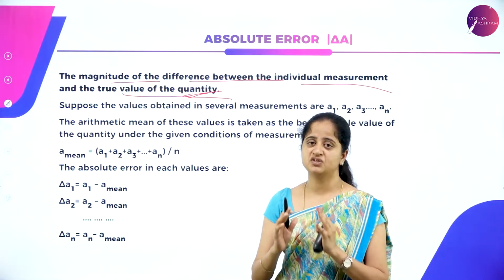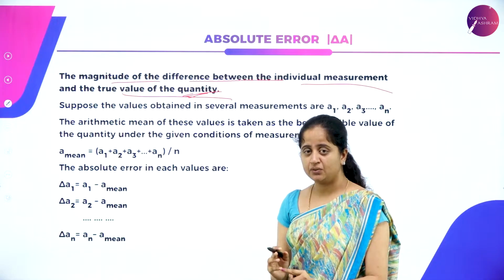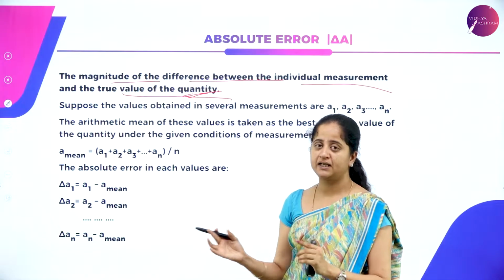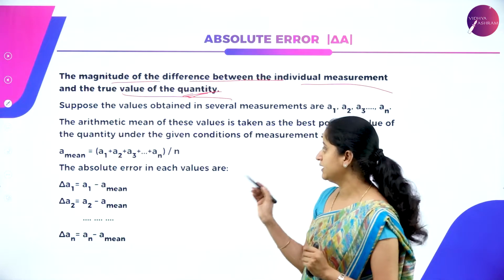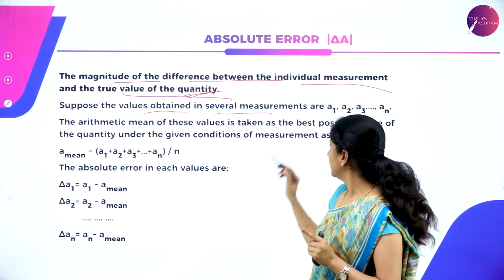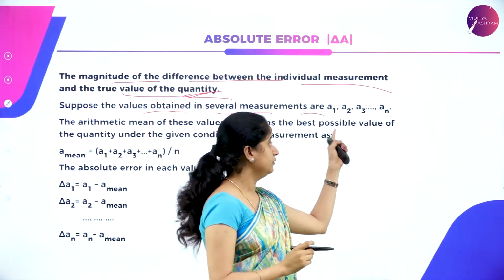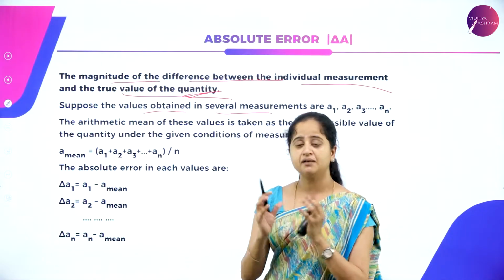Only when we have the true value of the quantity can we take the difference between each individual quantity and that true value, which will give the absolute error. Let us understand this by taking one example. Suppose the values obtained in several measurements are A1, A2, A3 and so on up to An, which means we have n number of values.